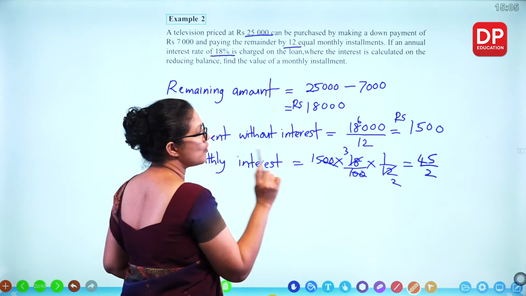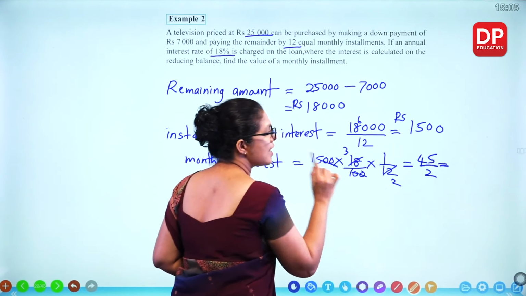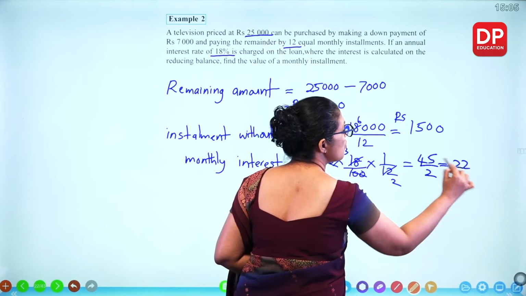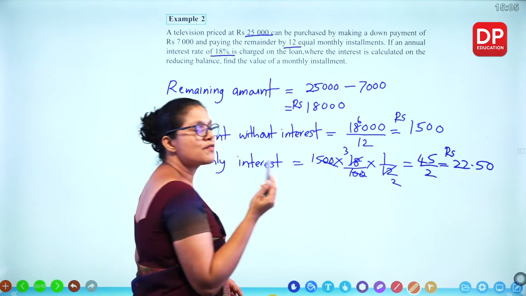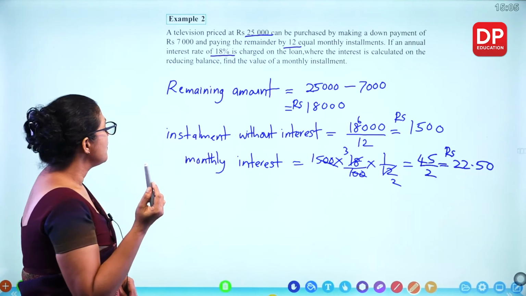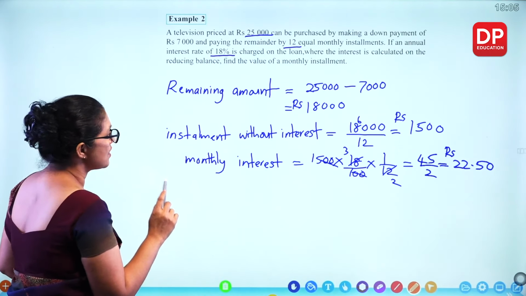If you're asked to find out the value, you can write it as 22 rupees and 50 paise. Or you can take it as 45 over 2. Then this is the monthly interest.